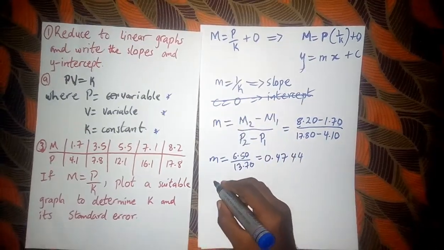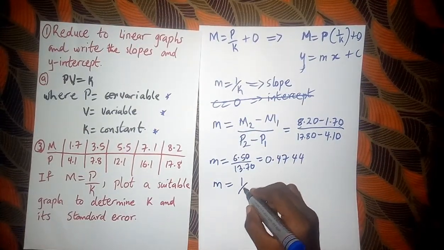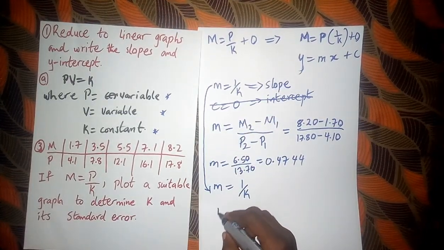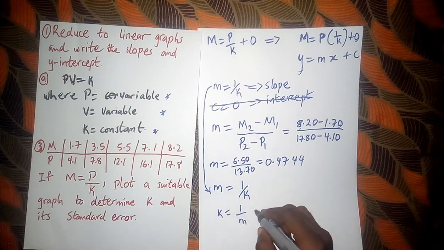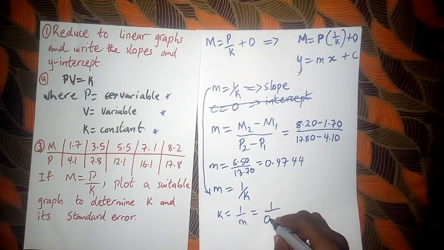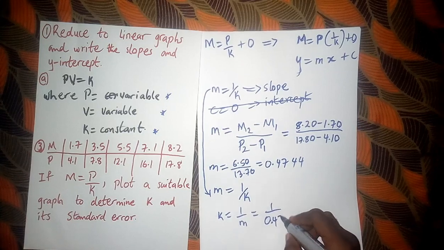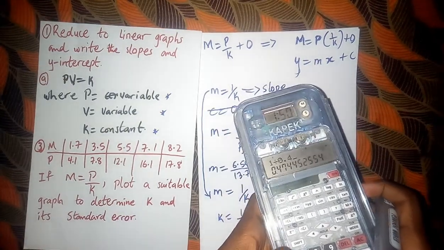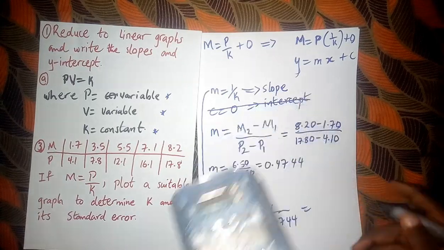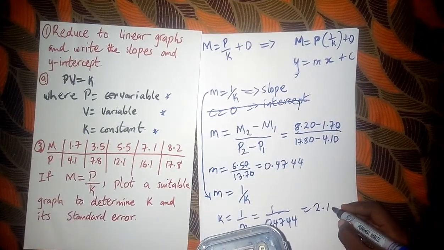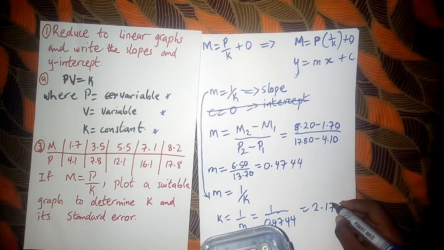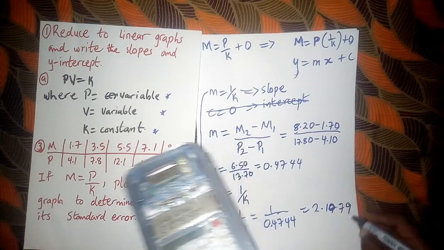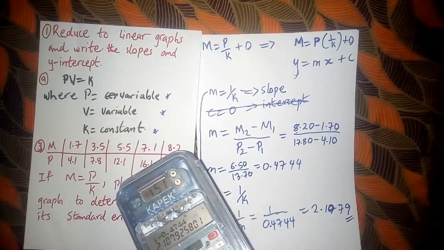From here we see that m is equal to 1 over k. If we make k the subject of the formula, k is equal to 1 over m. So this will be 1 divided by 0.4744, which is 2.1710079. So this is our value of k.